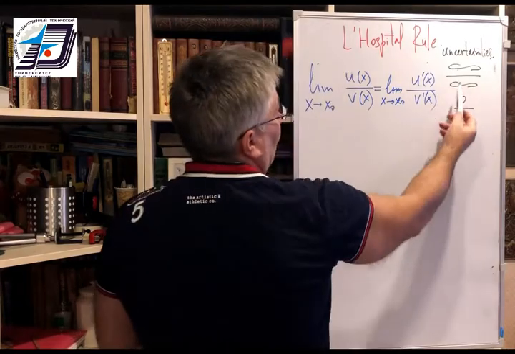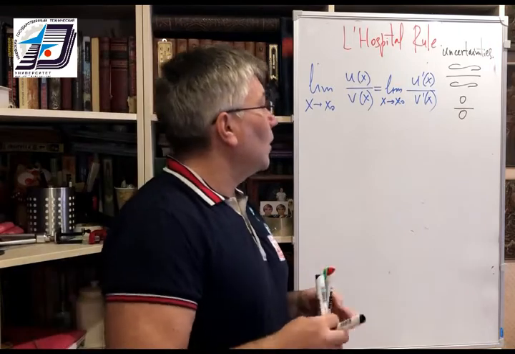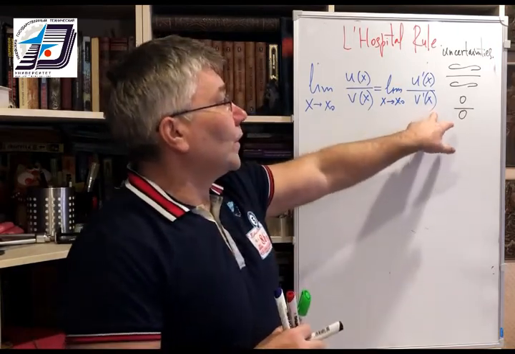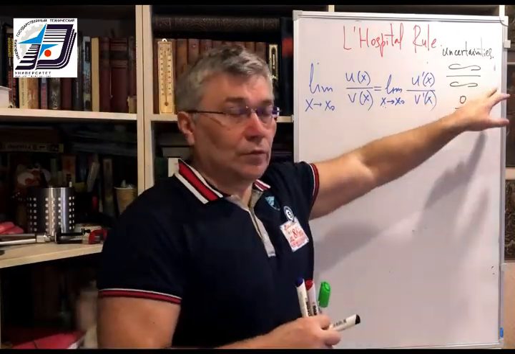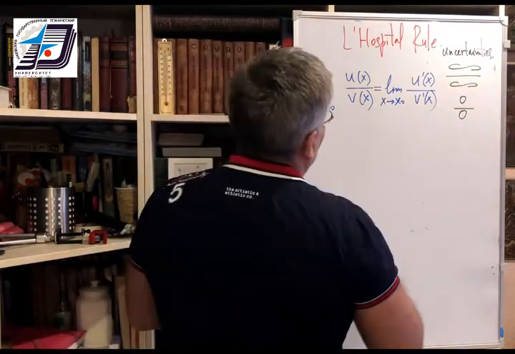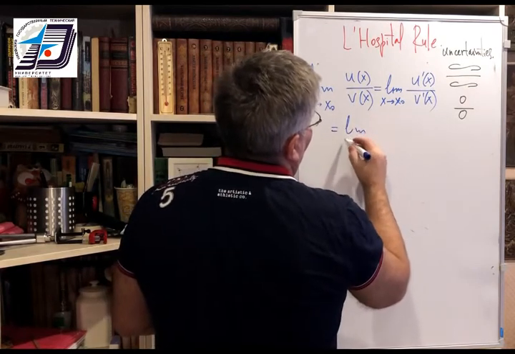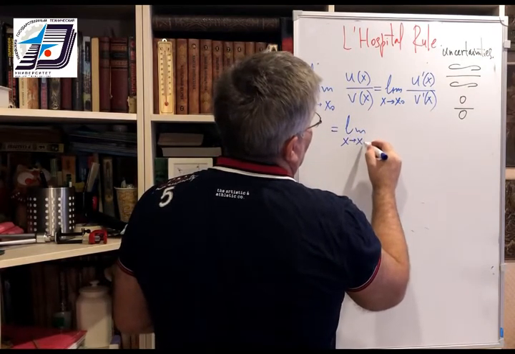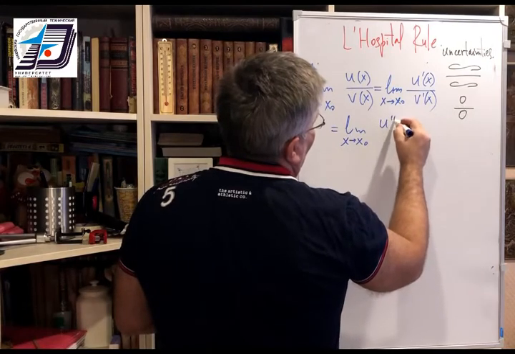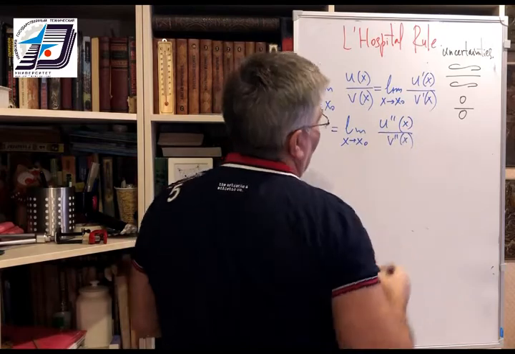If this ratio keeps one of these two given uncertainties, this limit is equal to the limit of x tends to x0 of the ratio of second derivatives.